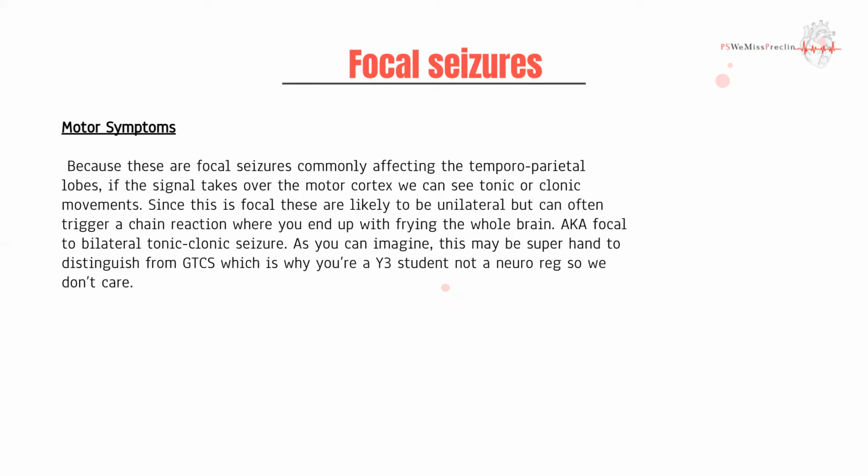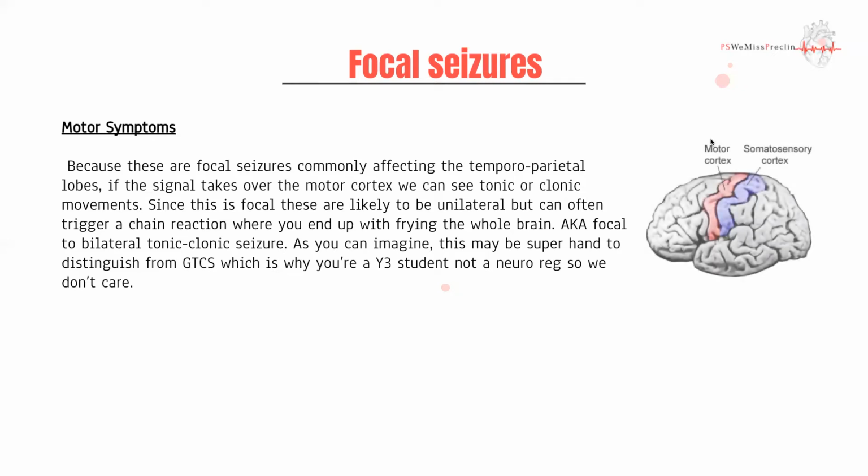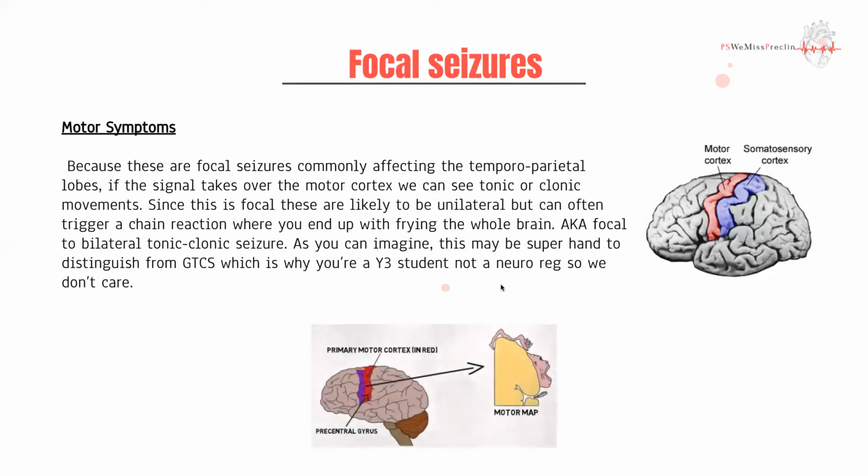Relatively straightforward. As you can imagine, this transformation from one type to the other can be very hard to differentiate from a generalized tonic-clonic seizure to begin with, but that is not something I want you to worry about at this point. As you can see, you have the motor cortex right here. So any bursts of electric activity affecting this part would cause motor symptoms. And here you have the homunculus model, as we talked about.